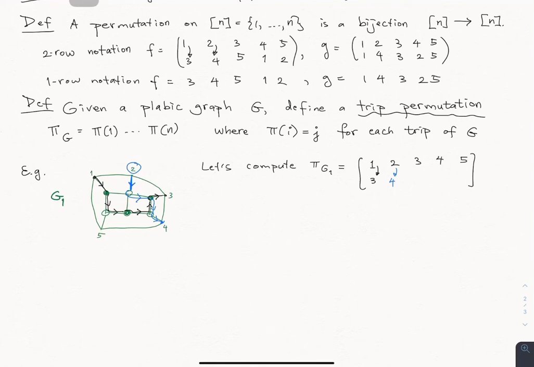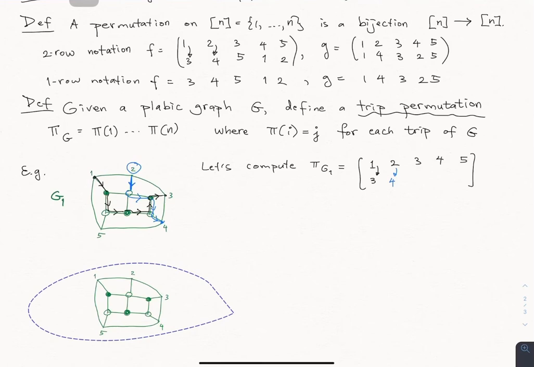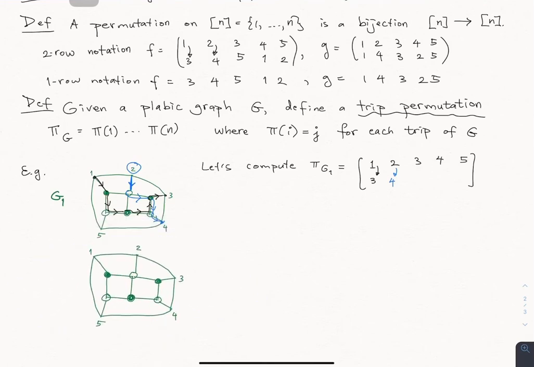So the picture is getting crowded, so let me make a new copy. So now I start from the boundary vertex 3 to figure out what the trip would be from 3.